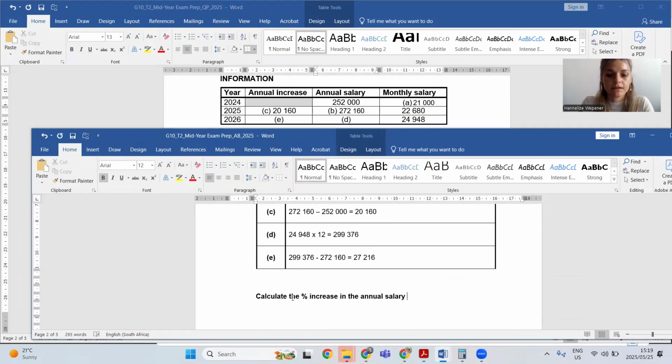annual salary for 2025. In other words, calculate the percentage by which the salary increased from 2024 to 2025. That means that you have to take the annual increase amount divided by the original amount, because remember, you started with the 252,000 and then you added a percentage onto that annual salary to get to your 2025 salary.